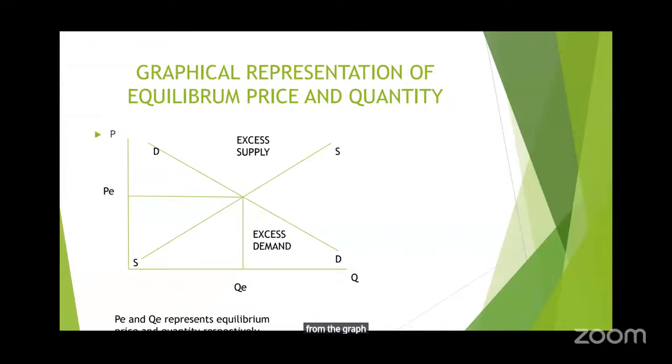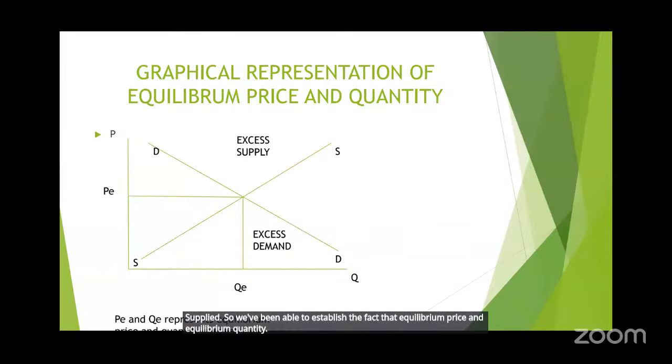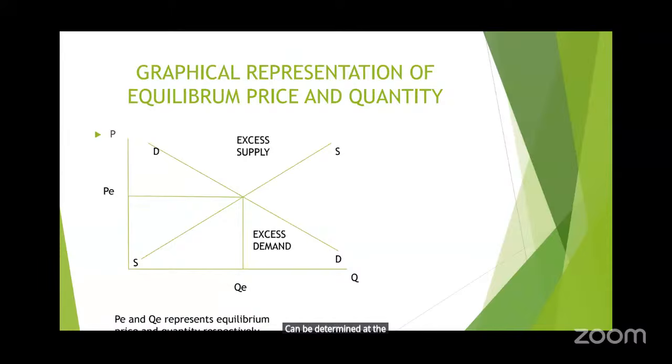And at any point below the equilibrium price, there would always be excess demand because quantity demanded is greater than quantity supplied. So we've been able to establish the fact that equilibrium price and equilibrium quantity can be determined at the point of intersection between demand and supply.